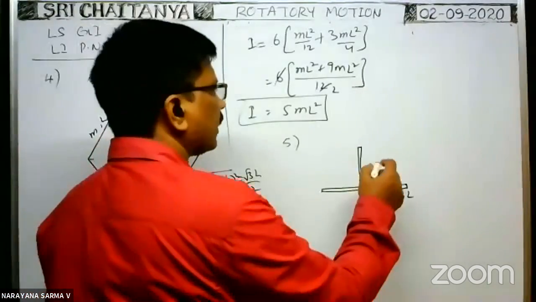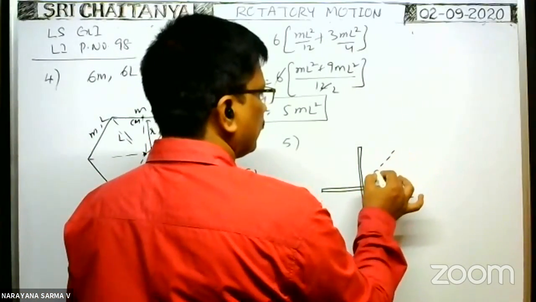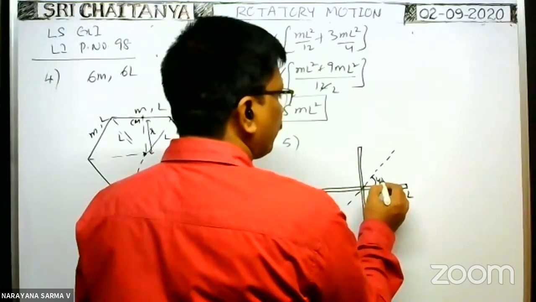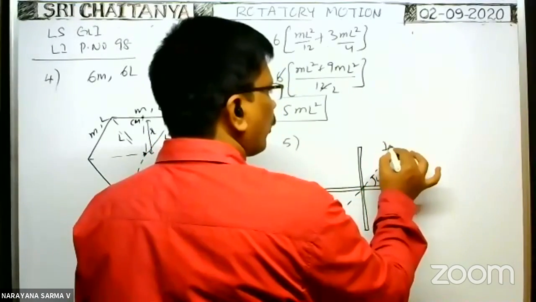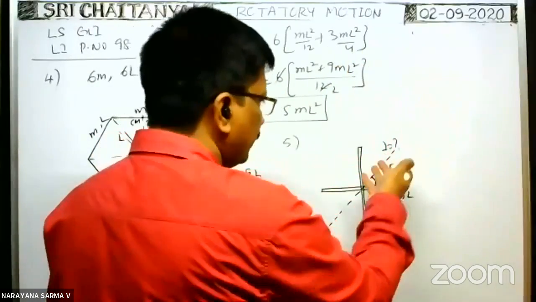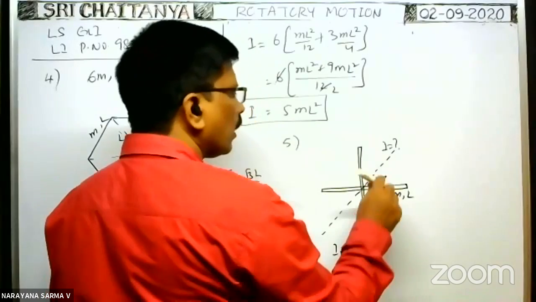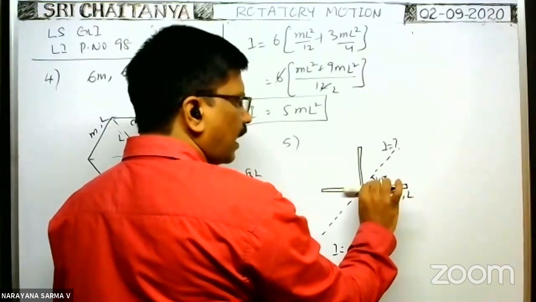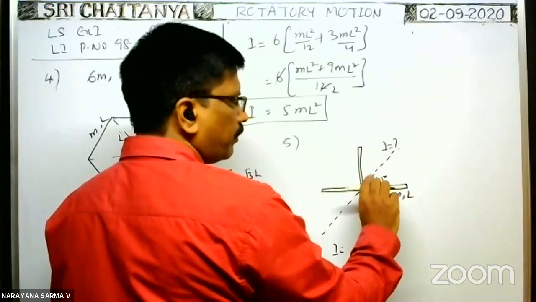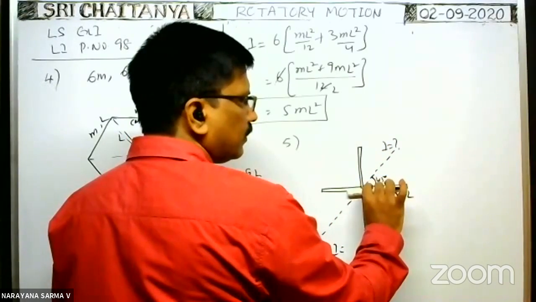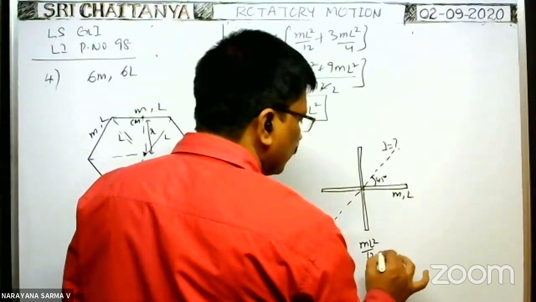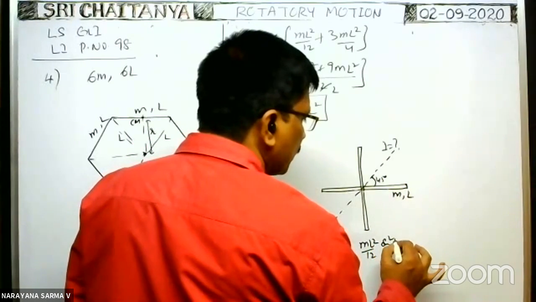About an angular bisector means you take this angular bisector. Definitely it is 45 degrees now. About this axis, what is the moment of inertia of the system? Previously we already did it in the case of a square. This is also the same. The moment of inertia of this rod about an axis passing through the midpoint and making an angle theta with the rod is ml square by 12 into sine square theta, with theta 45 degrees.